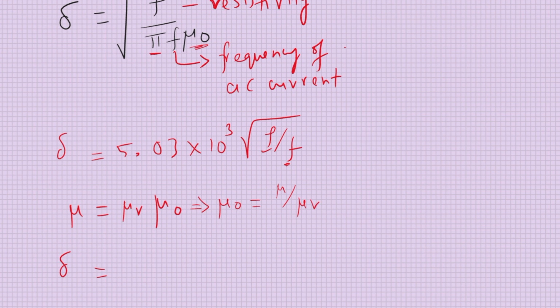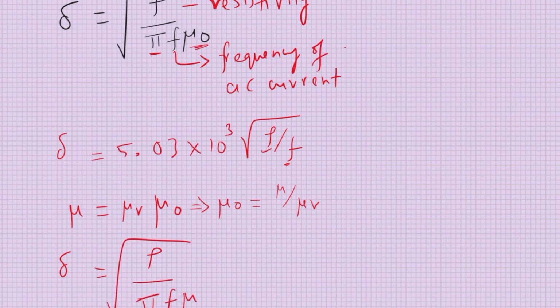This way I can write it like this. Basically this relation can also be written as the root of rho by pi f mu.